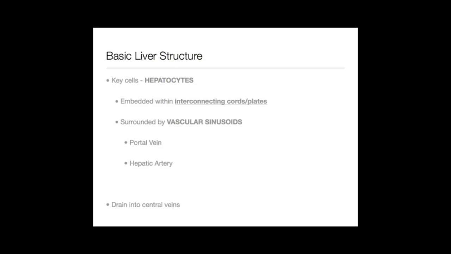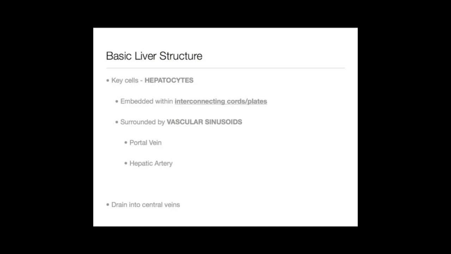This is embedded within a complex connecting network of cords and plates, and it's surrounded by a sort of spongy vascular network which is called vascular sinusoids. Now, it's important to be aware that these vascular sinusoids are composed of blood coming in through both the hepatic portal vein, coming from the gut, bringing blood, nutrients, things that have been absorbed in the gut to the liver, and also from the arterial system in the form of the hepatic artery.